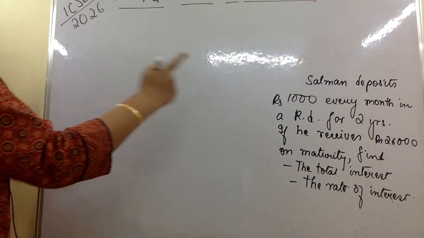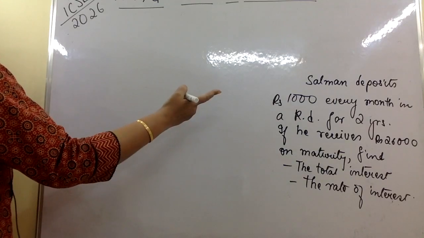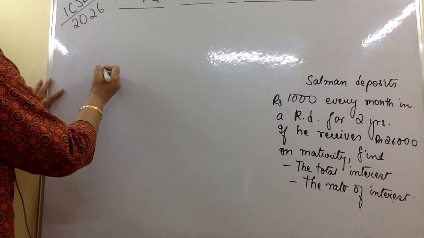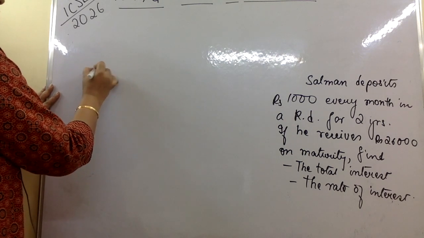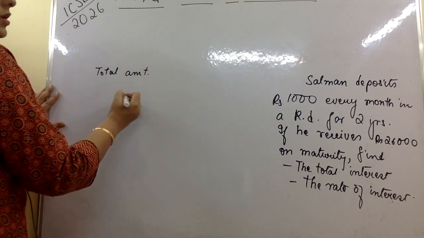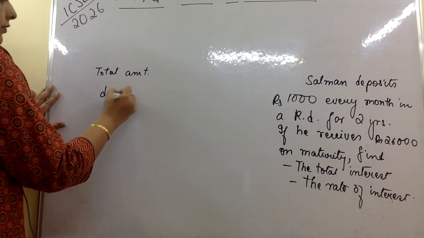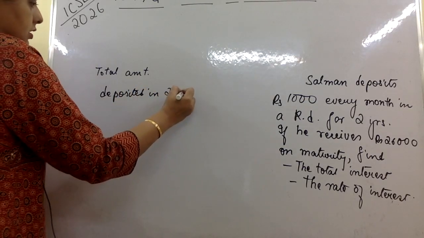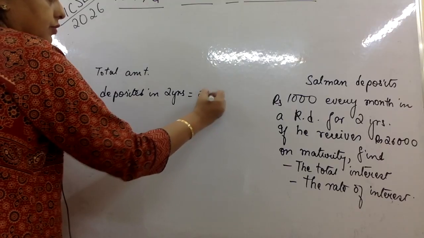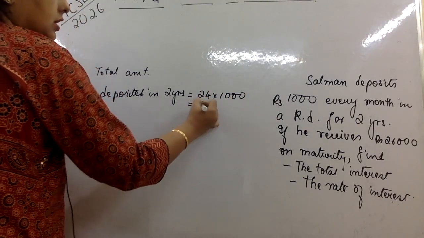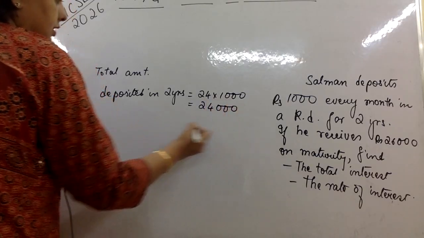In 2 years, how much is the total money that he has given? The total amount deposited in 2 years is 24 into 1000, because 2 years is 24 months, so 24,000.